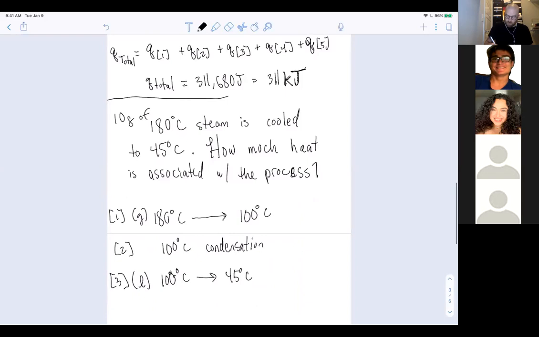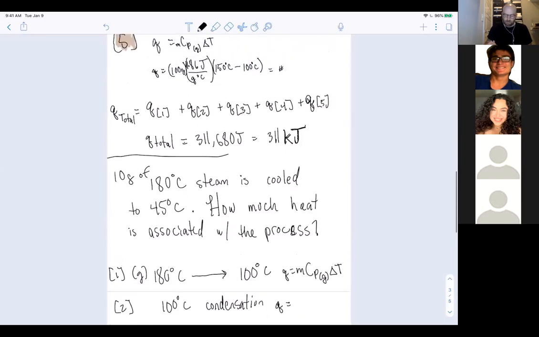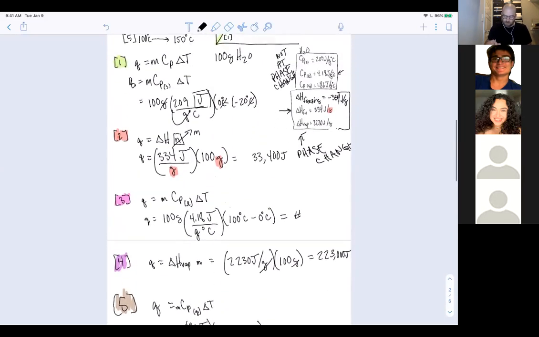And then for the first, Q is going to be equal to M times C sub P for the gas, because we're starting in a different spot now, times delta T. And then for the next, this is the main reason I want to work this out, we're looking at condensation here. So let's say that, go back up and steal this.